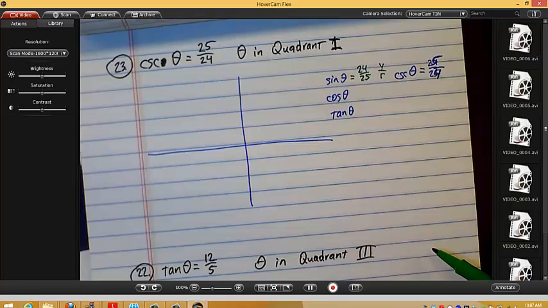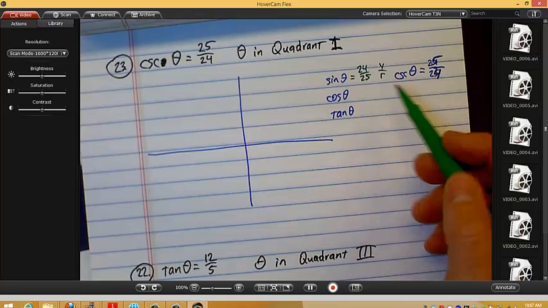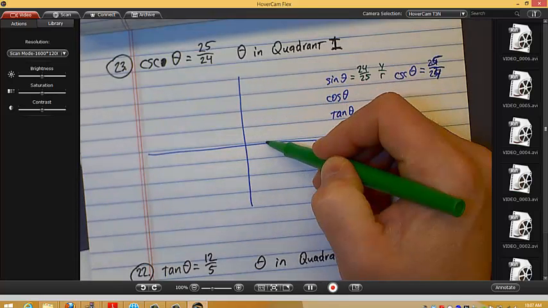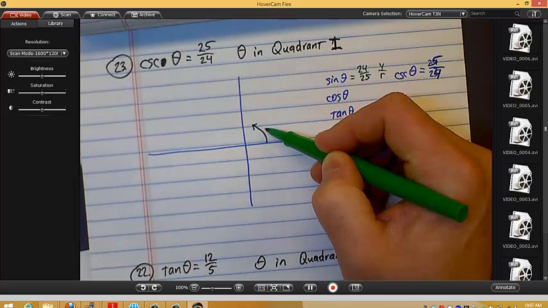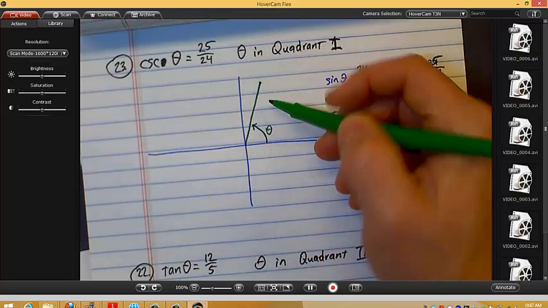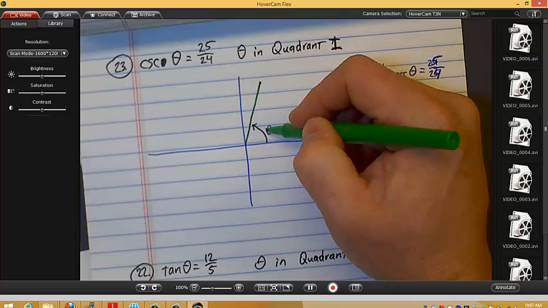So what we're going to do is draw our picture. Theta's in quadrant 1, and I'm going to draw something like this.